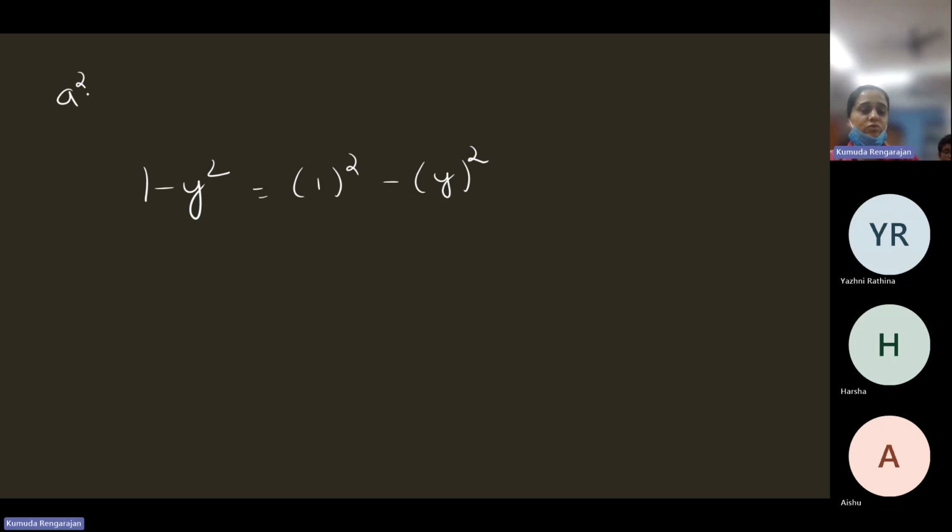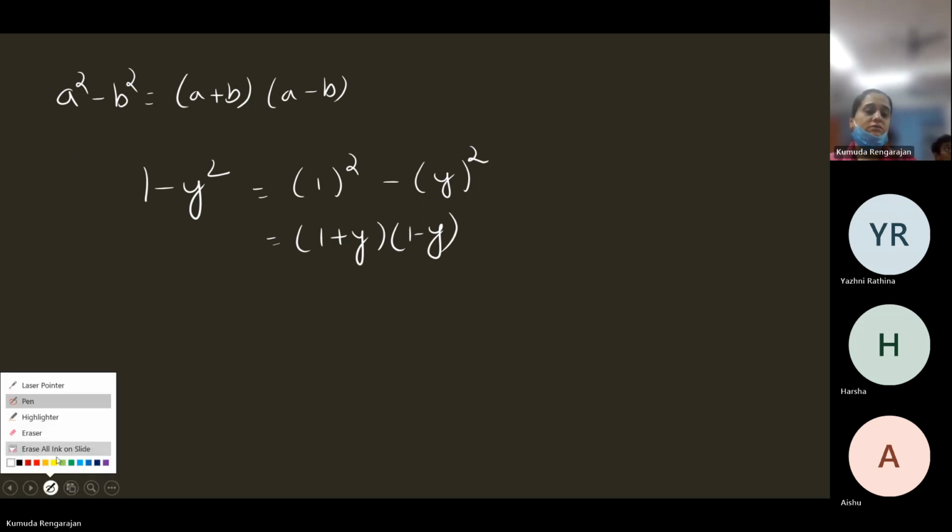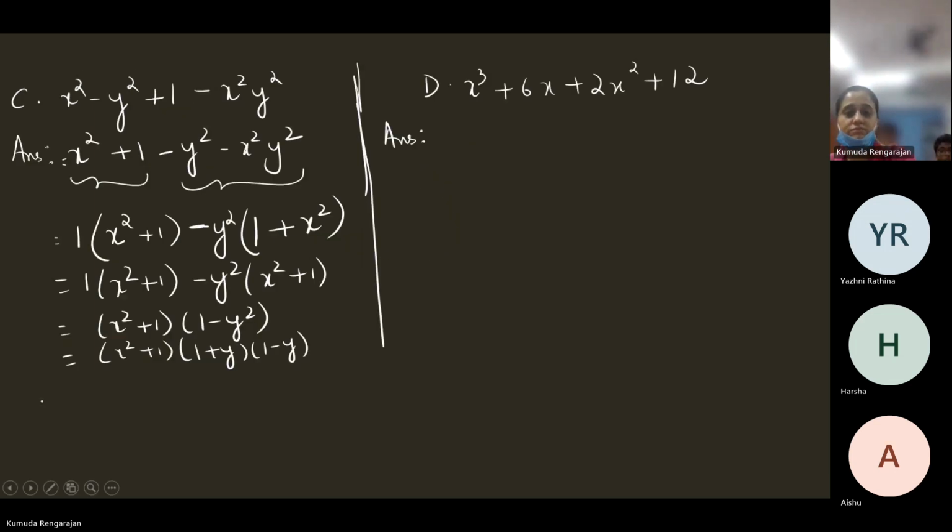So the identity is a square minus b square is a plus b into a minus b. So 1 square minus y square will be 1 plus y into 1 minus y. So that's what is here. 1 minus y square, 1 is nothing but 1 square.